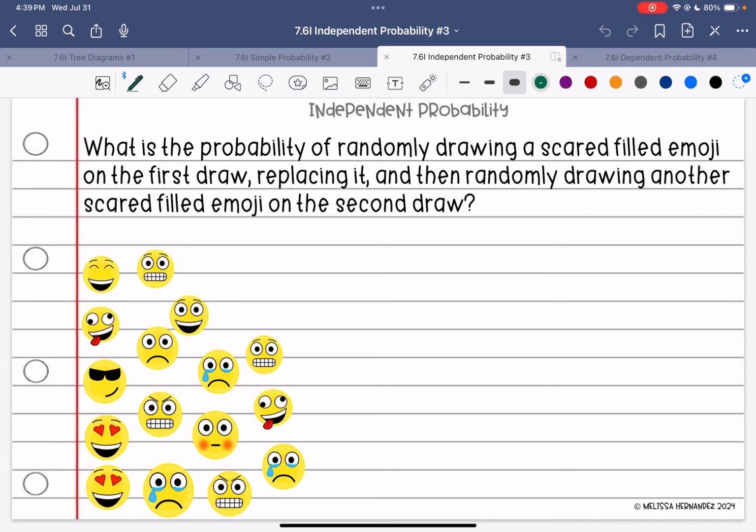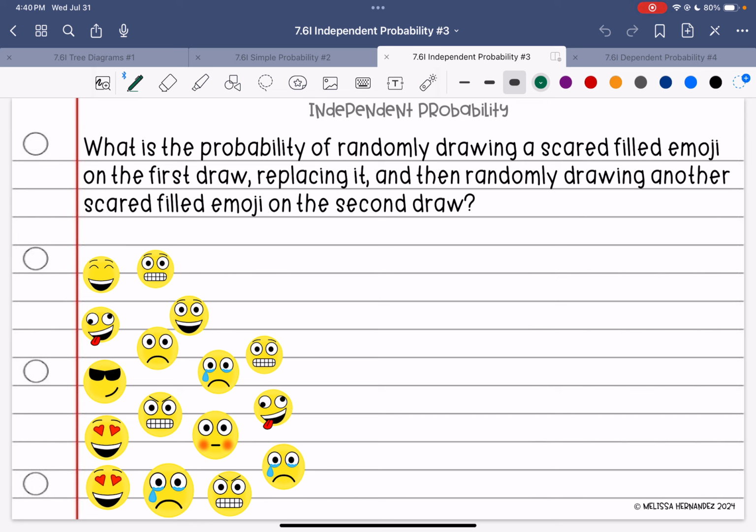It says, what's the probability of randomly drawing a scared-faced emoji on the first draw, replacing it, and then randomly drawing another scared-faced emoji on the second draw? Okay, so when you replace it means you take it out and you put it back in. So the chances of you getting the scared-faced emoji both times, one event will not affect the other. Now, if you took it out and didn't put it back in, then that's a different story.